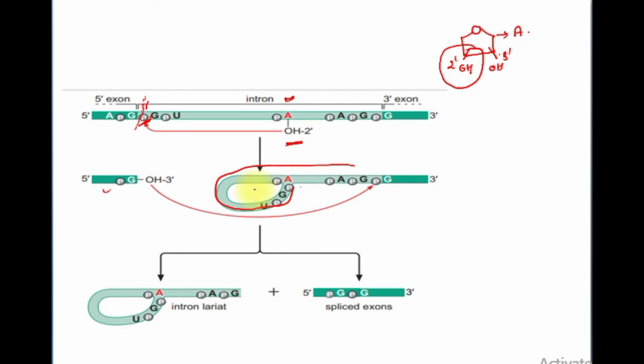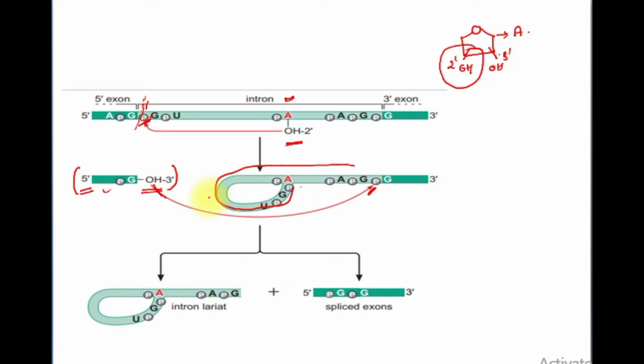Okay. So if there is a cleavage, we have here the exon, which is the coding part. This is the 5' splice site, and opposite to it will be the 3' OH group. Now, what happens with the 3' OH group? This 3' OH group will make the next nucleophilic attack, near the 3' splice site.